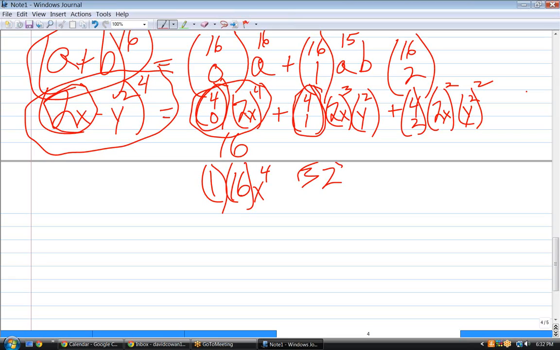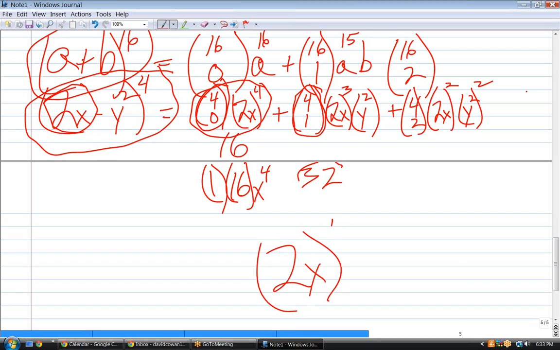Normally this would be just a to the 4th, and then a cubed times b, and so forth. But in our case, it's 2x, and always put that in parentheses, because if you leave these parentheses off, it's completely different. Then the 4 doesn't apply to the 2. So it's very important to put them in parentheses, but yeah, 2x to the 4th power is 16x to the 4th.